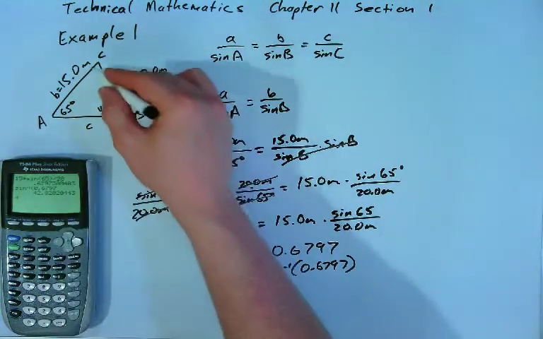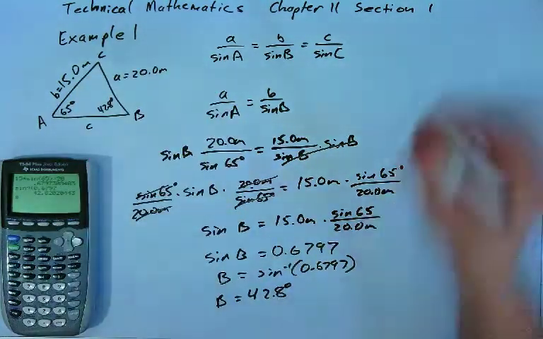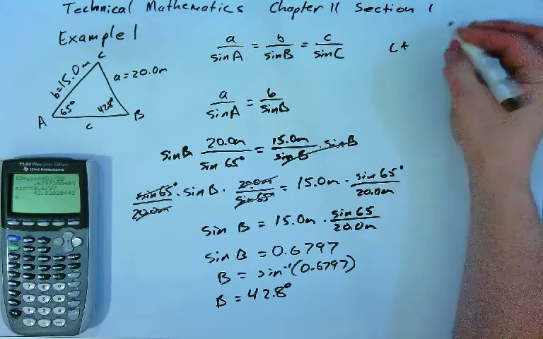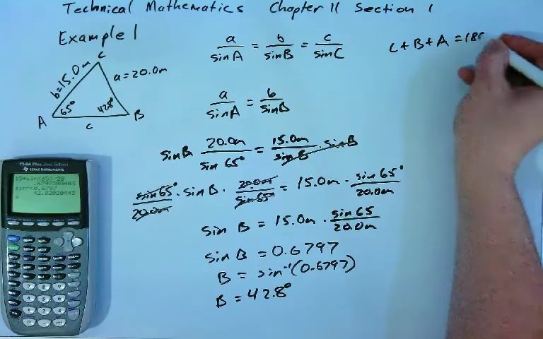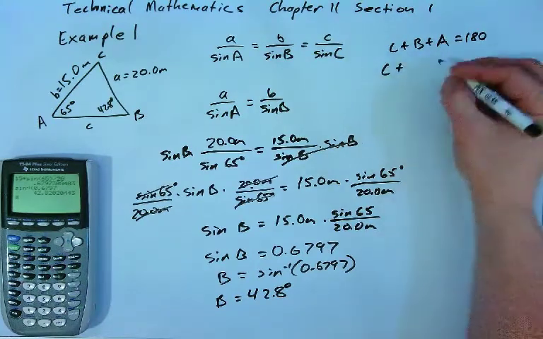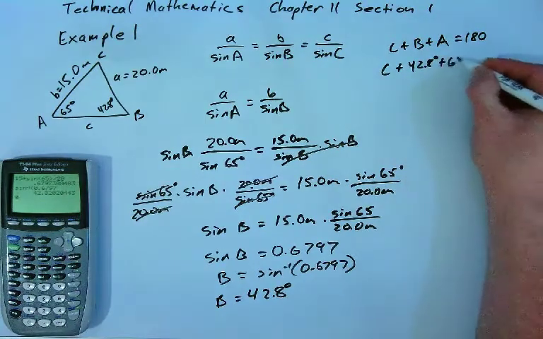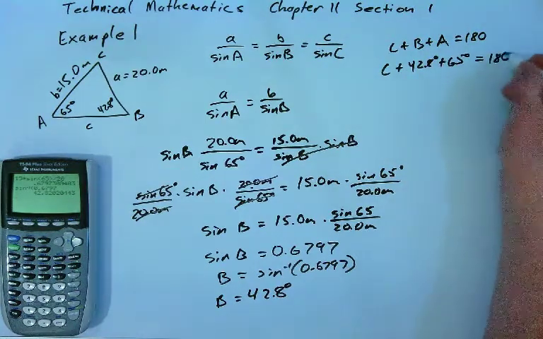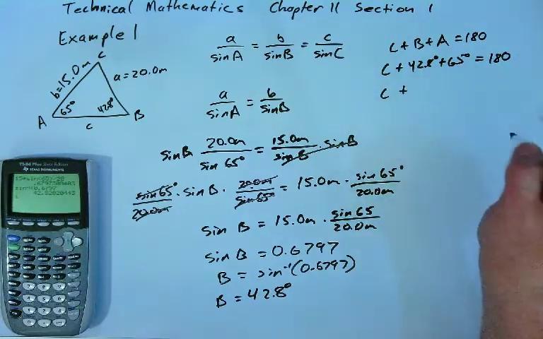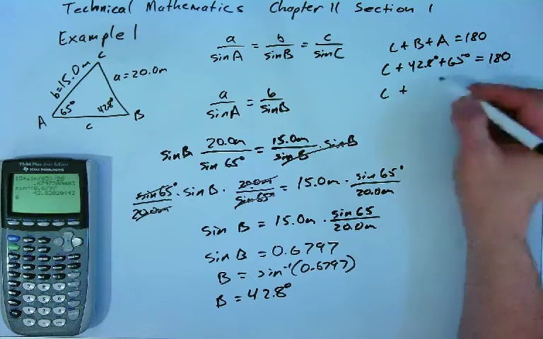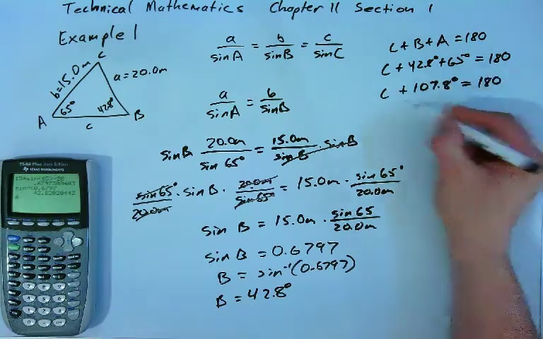And from here, we can determine angle C, because we know that all three angles must add up to 180. So angle C plus angle B plus angle A must be equal to 180. And so C is what we're looking for. B is 42.8 degrees. A is 65 degrees. And again, these add up to 180. And so C plus 65 and 42.8, which is 107.8 degrees, equals 180.